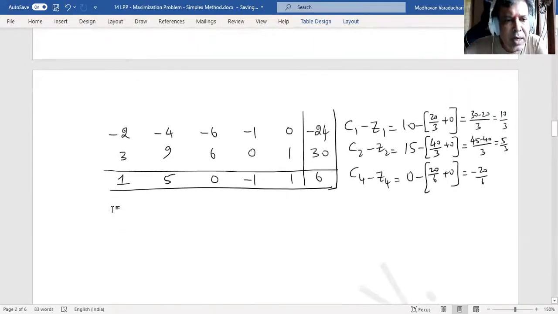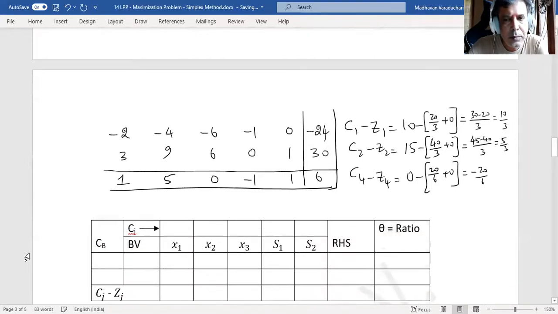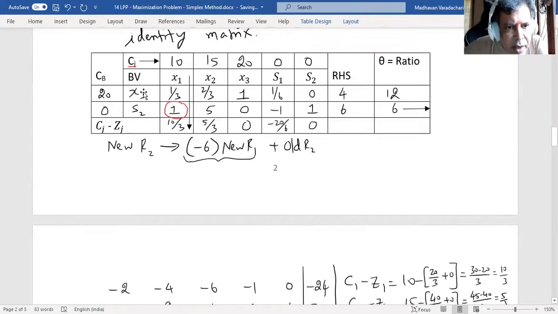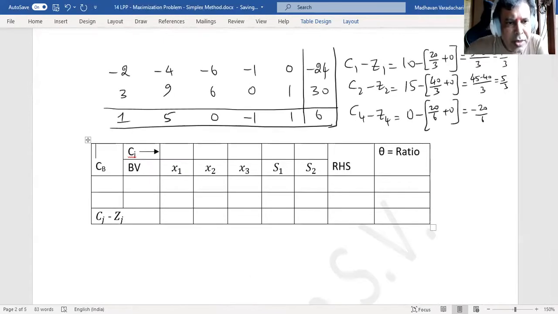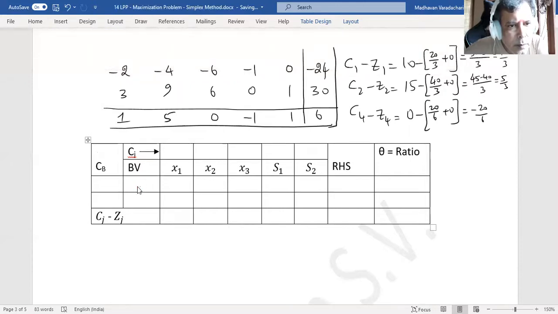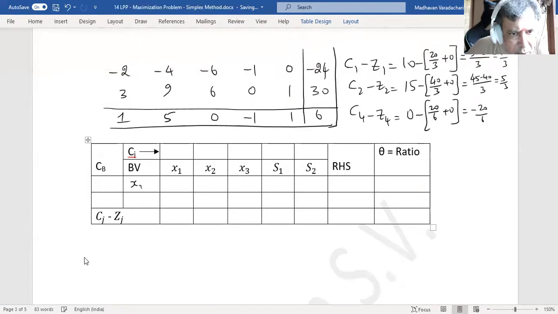So how will the subsequent table be? We'll write that subsequent table. Now X3 will be X3 only, no change.